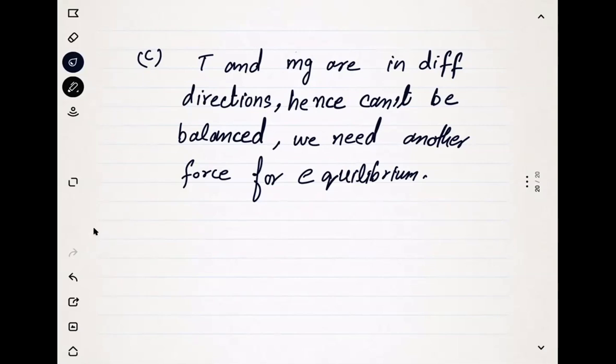That's why a third force must be added, and this third force will pass through the point of contact. So this was the class for equilibrium mainly.